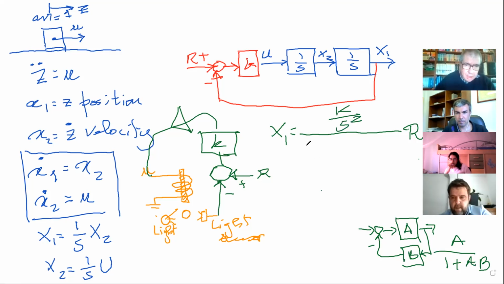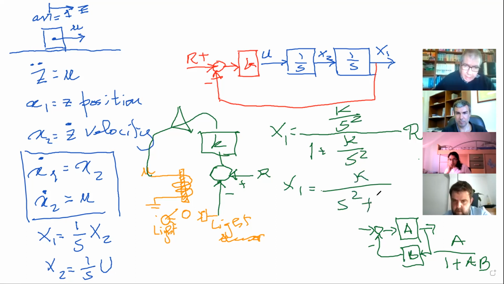And here, if you don't tell me, I won't write it. 1 plus K divided by s square. And this is x1 equals K over s squared plus K, times r.